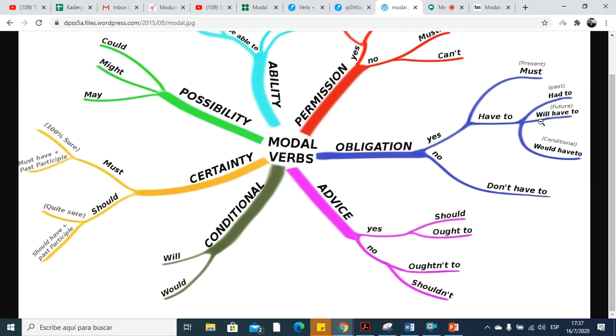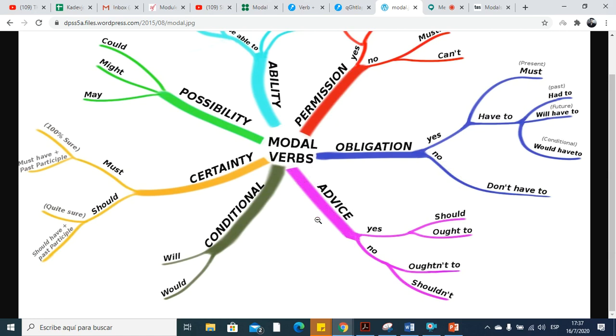Por eso les ponía el ejemplo de si sí, si no. Es similar. Si tenemos una obligación, si el valor de la obligación es sí, utilizamos have to or must. Si el valor de la obligación es no, utilizamos don't have to. Es decir, el auxiliar don't en negativo plus have to. Ya vamos a ver ejemplos de eso.